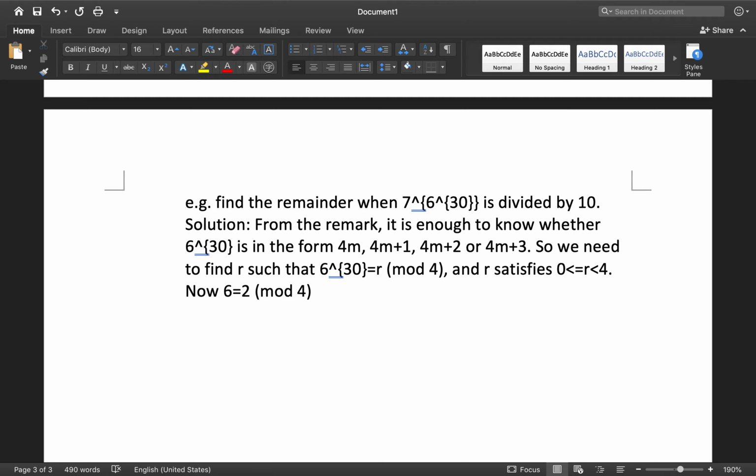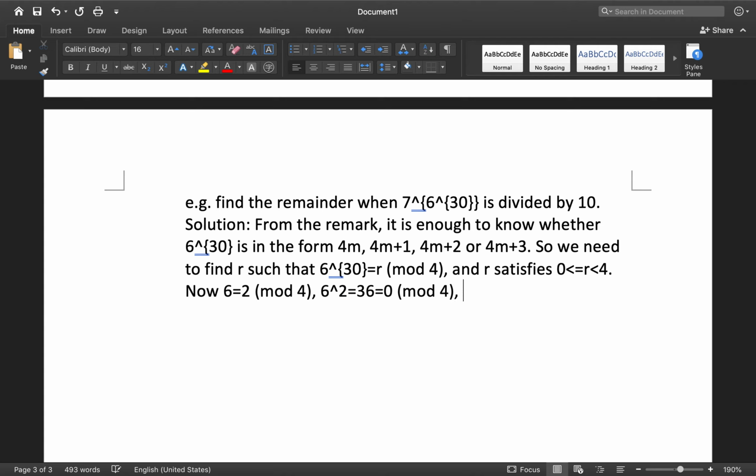So you can take powers. 6 to the power 2, that is 36, but this is also congruent to 0, right? Because 36 is already a multiple of 4. So you got this: 6 to the power 2 already gives you 0.